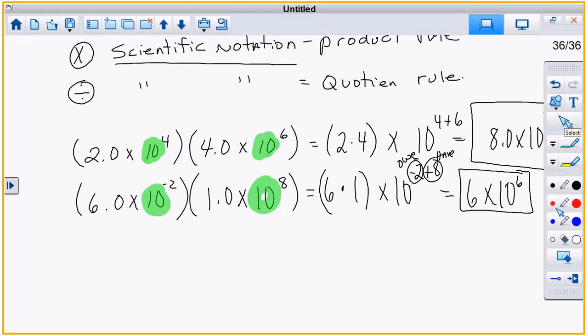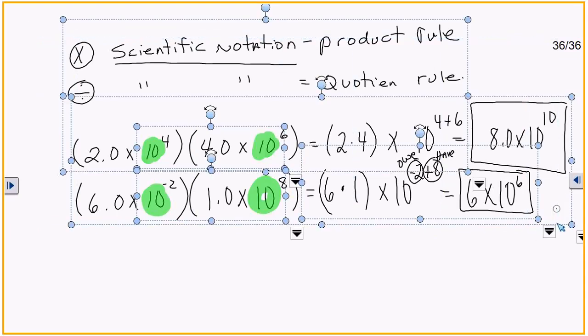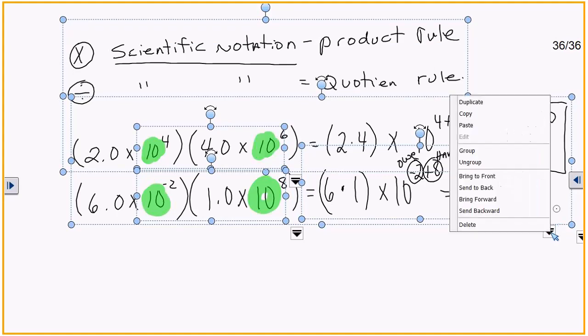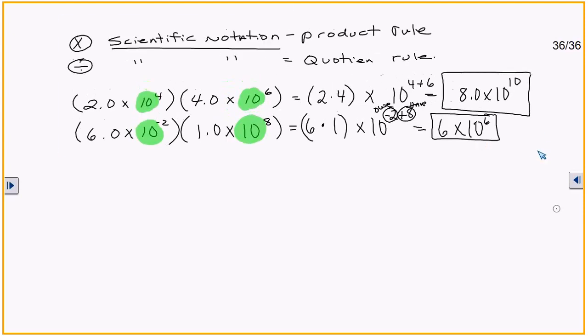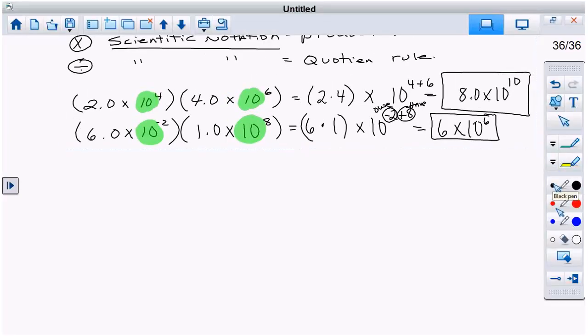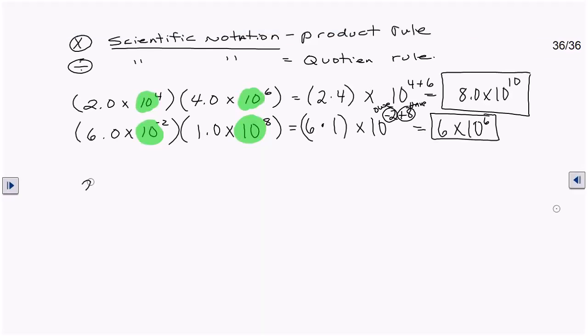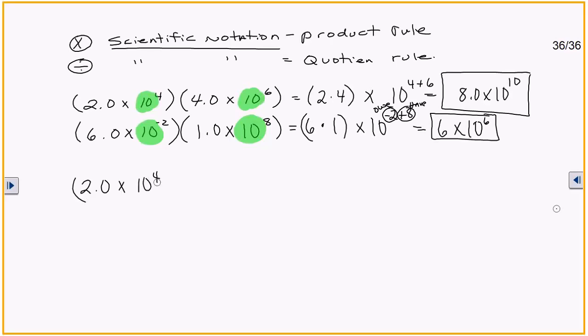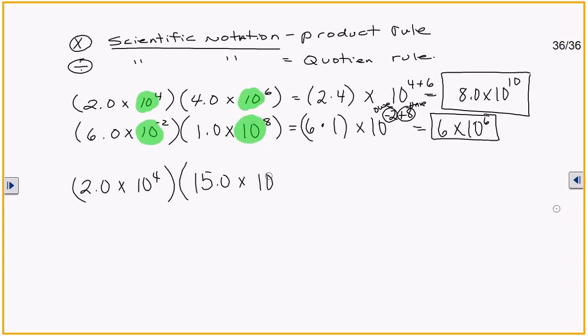And I'm going to make these small. And I'm going to put 2 on the board, and I want you to pause the video and do them. So that would be 2.0 times 10 to the 4th, 15.0 times 10 to the 6th.